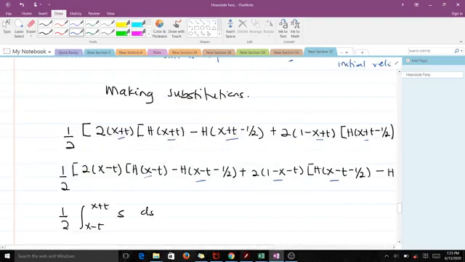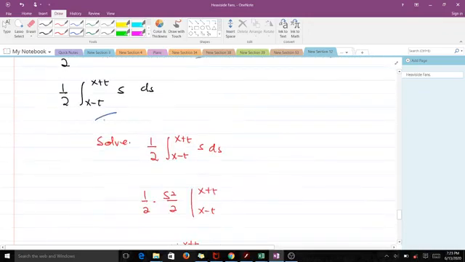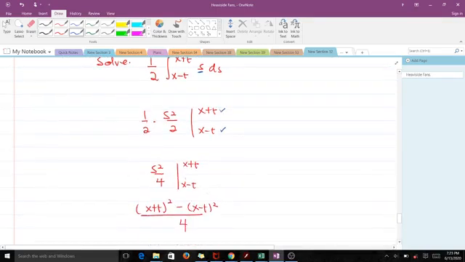Then we have plus 1 over 2, then the integral of s ds from x minus t to x plus t. Solving this integration here, we are going to have 1 over 2 times, when we integrate s, we get s squared over 2. The limit of integration is from x minus t to x plus t. When we put in the limits of integration, we are going to get x plus t squared minus x minus t all squared, all over 4.